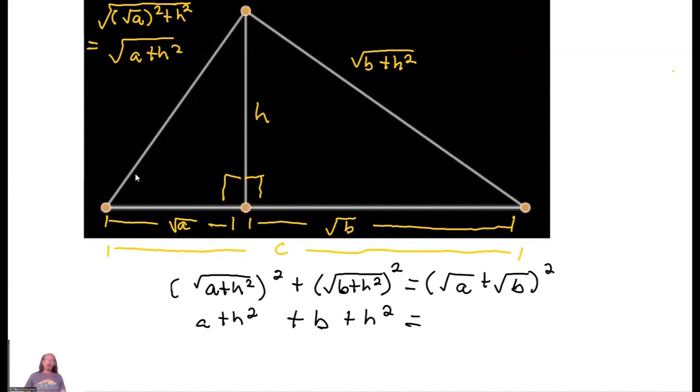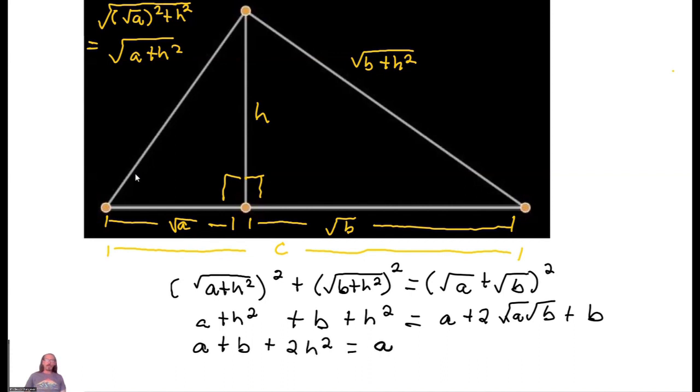We'd have the square root of a getting squared, which will just give us a, plus 2 times square root of a times square root of b, plus squaring the square root of b. Combining some like terms on the left-hand side, a plus b plus 2h squared.